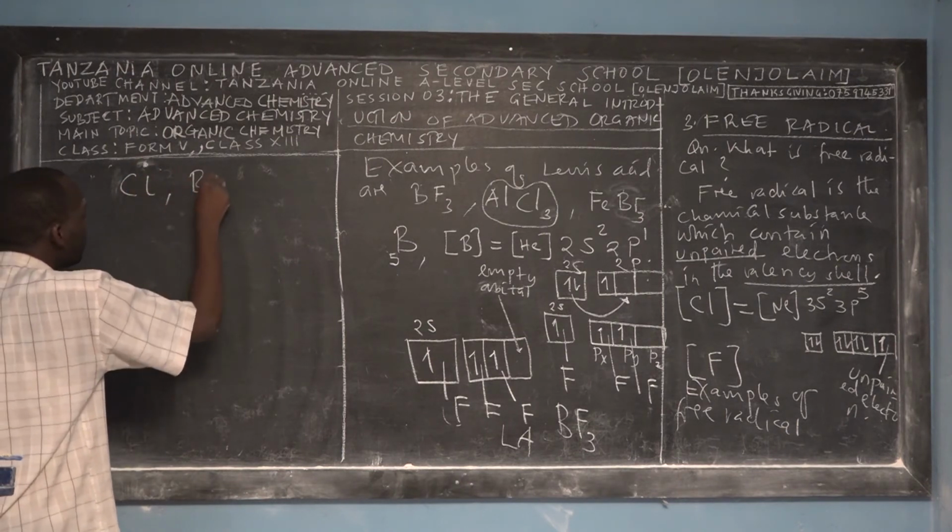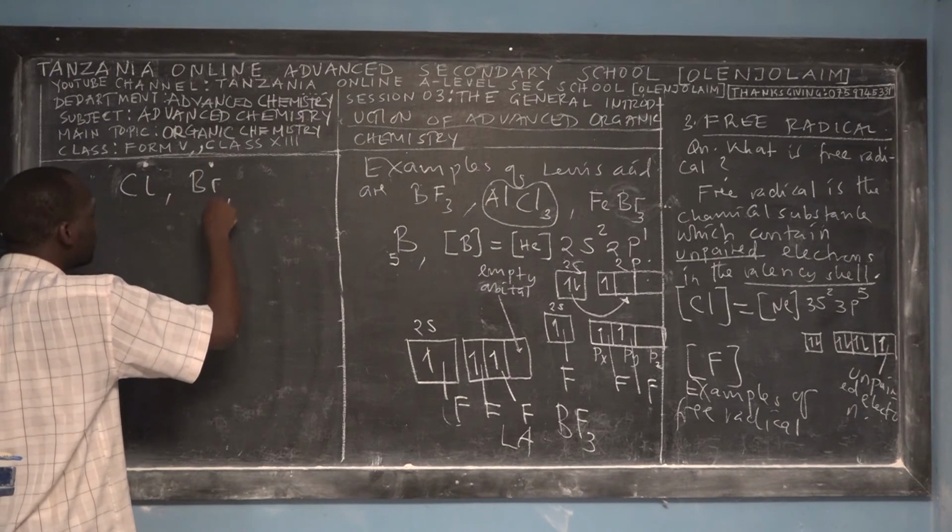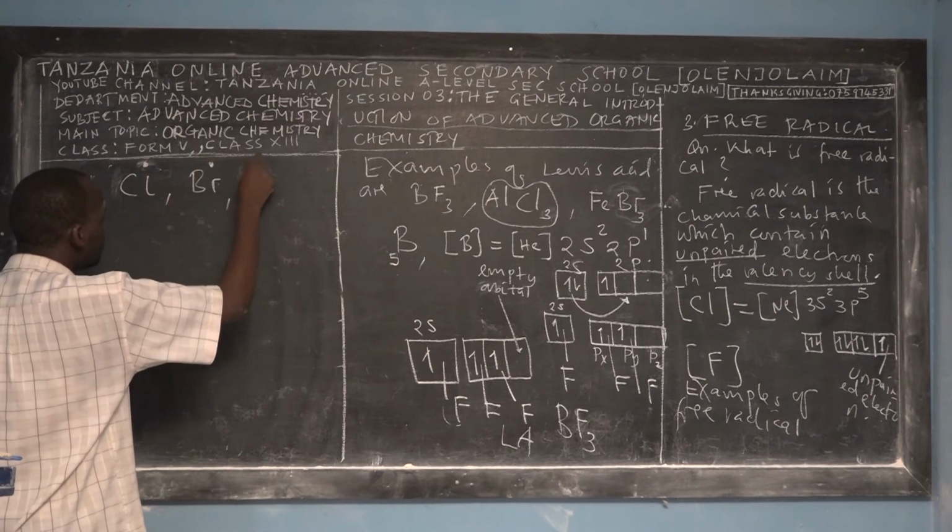Then bromine, this is the symbol for the free radical. Then iodine, this is the symbol.